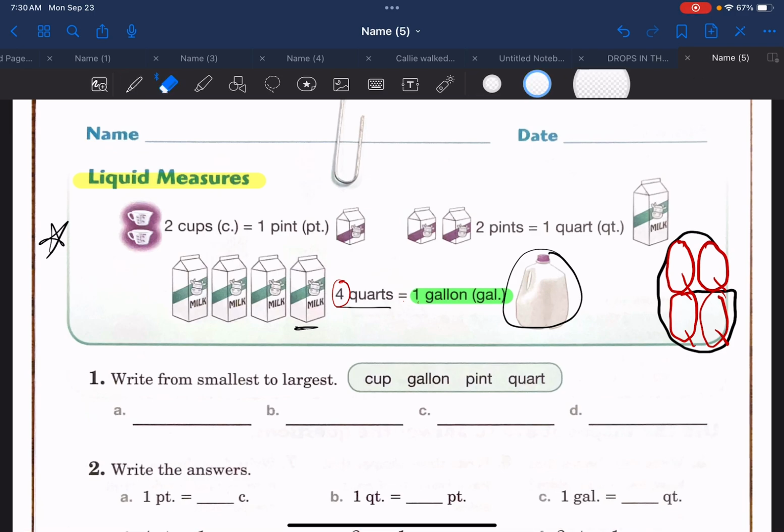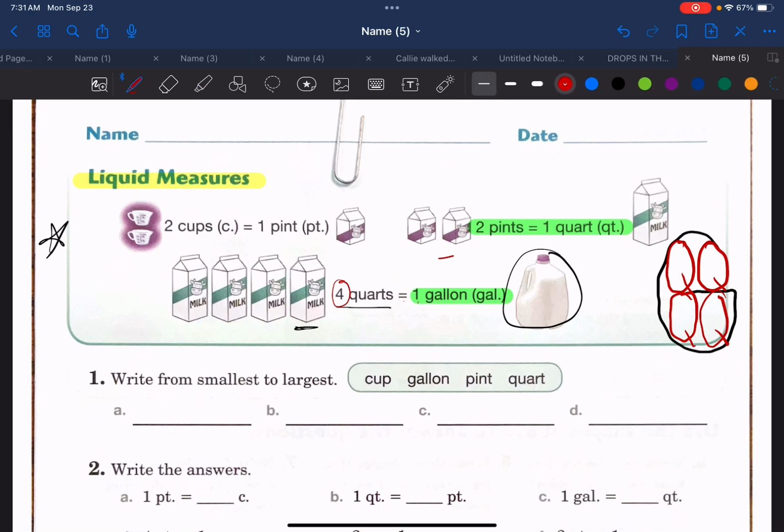Then we look at what our next biggest one is, and it's this size, which is called a pint. Well, there are 2 pints in each quart. So let me erase some of that because now it's hard to read. If you look at it, it says 2 pints equals 1 quart.